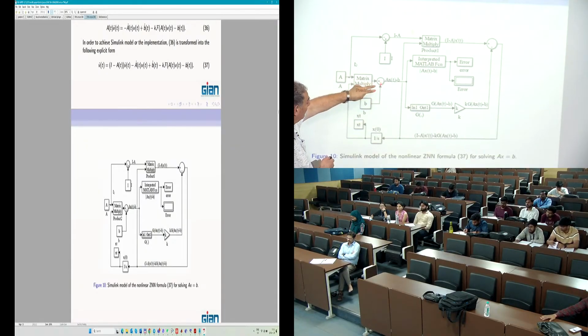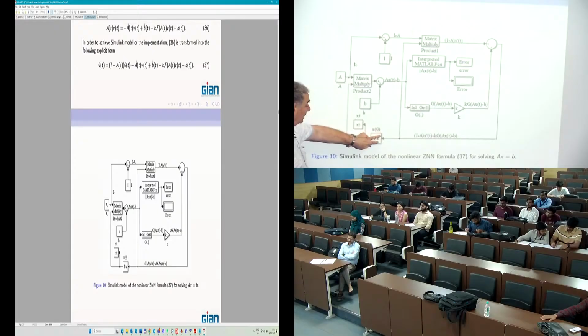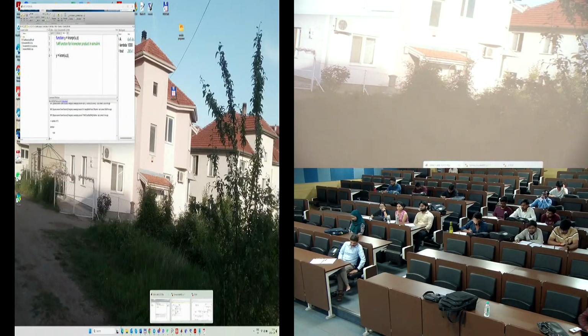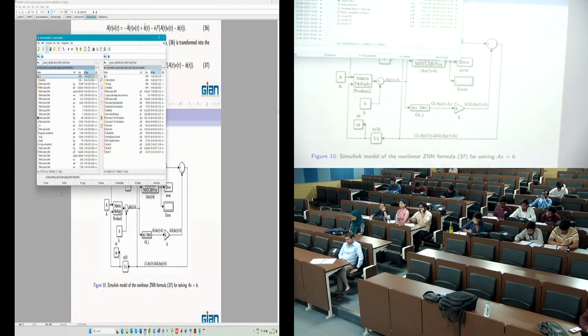We need to multiply matrix A with x of t. x of t is the output from the integrator. In the integrator, we must define the initial value. We need Simulink.